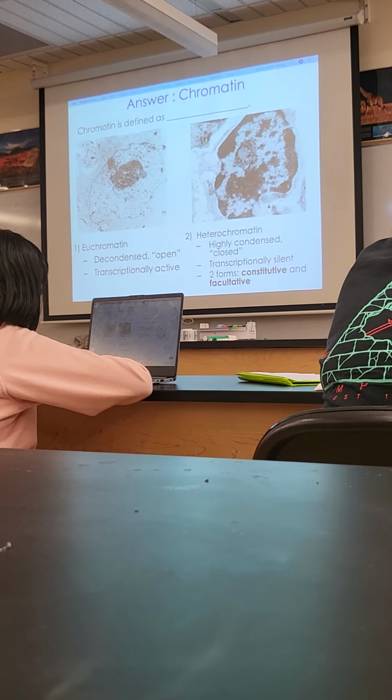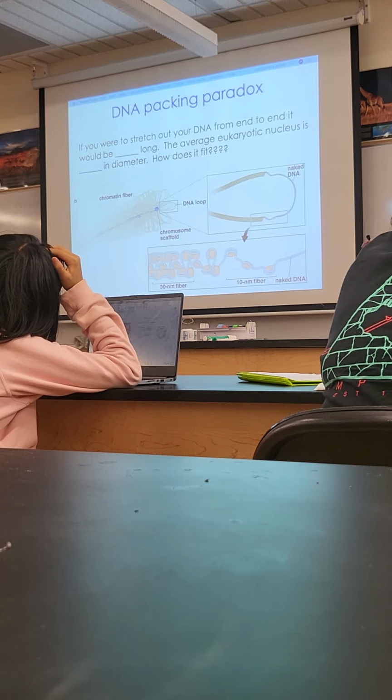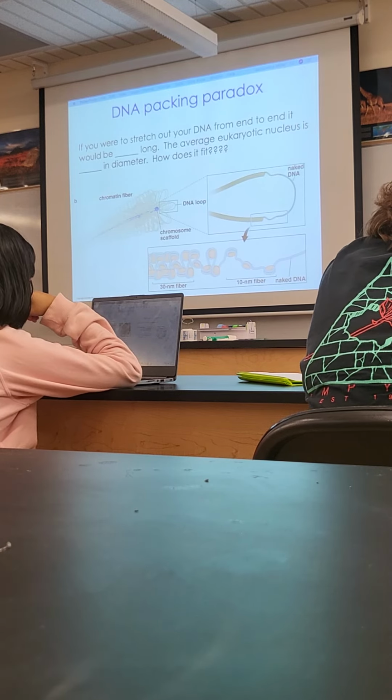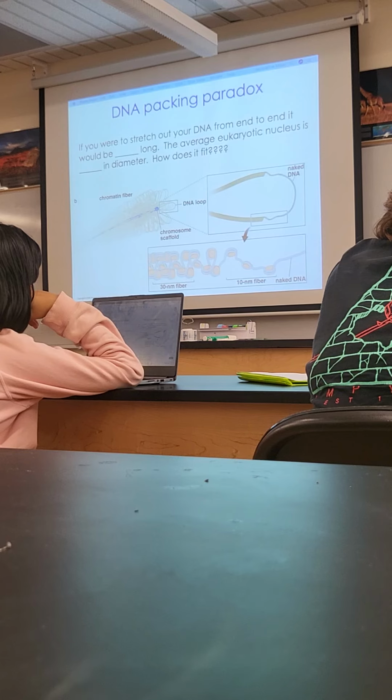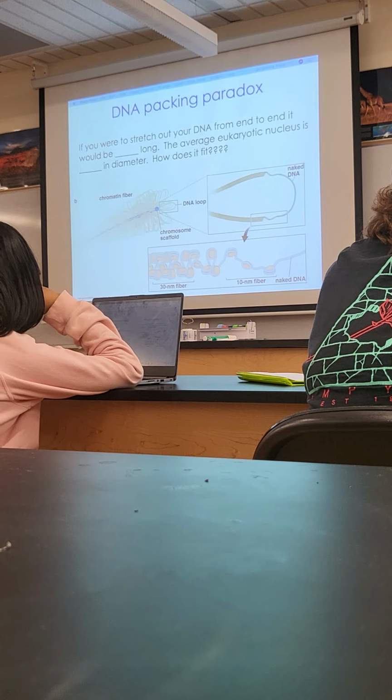I'll go back to this picture. If you think about for transcription to happen, what has to happen in order to express a gene? Which proteins have to get in there and do stuff if you want a gene to be turned into mRNA?